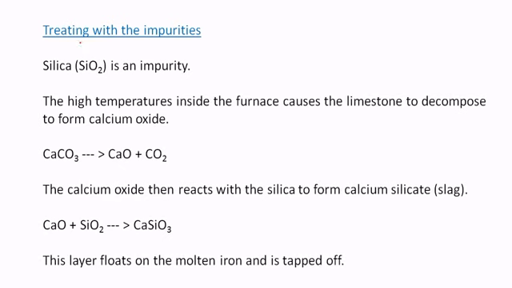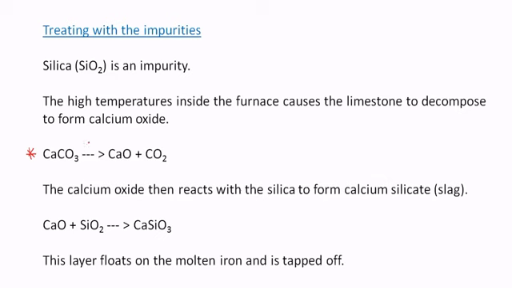Now, how do we deal with the impurities? A major impurity in the ore is silica, or SiO2. And the high temperatures inside the furnace cause the limestone to decompose to form calcium oxide. Remember we added calcium carbonate at the top, which is limestone.